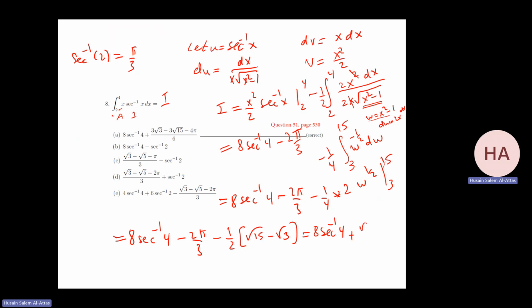That will be square root 3 over 2 minus square root 15 over 2 minus 2 pi over 3. Now I will make it over 6. So this will be 3 square root of 3 minus 3 square root of 15 minus 4 pi. And that will be my answer.